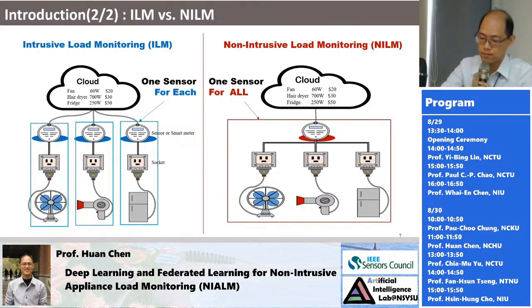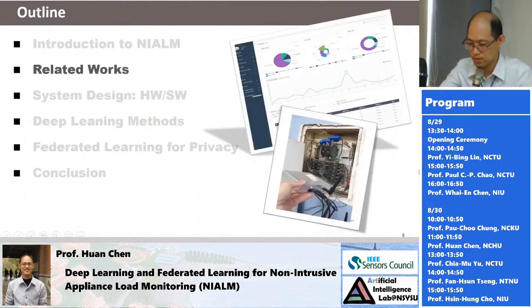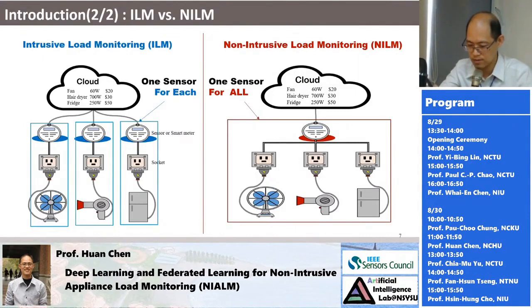All right. On the next page, I will compare intrusive load monitoring versus non-intrusive load monitoring. On the left-hand side, you can see intrusive load monitoring. You need to install devices or meters on each appliance, so it is one sensor for each appliance.